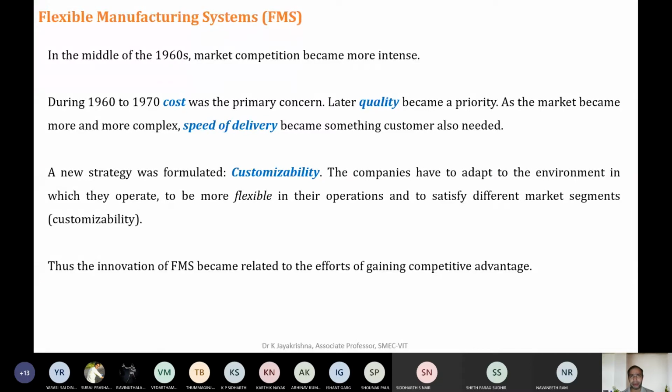The customer loves the product for its quality, and of course the cost is high, but still a normal Indian likes the bike for its quality. But when he has to wait 8 months or more, he will not be able to tolerate it. So the speed of delivery is also very, very important.